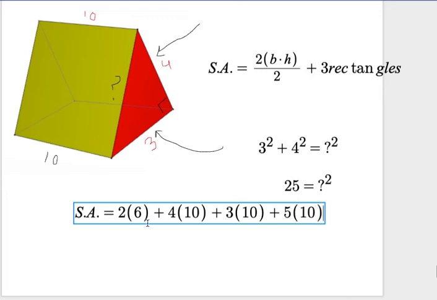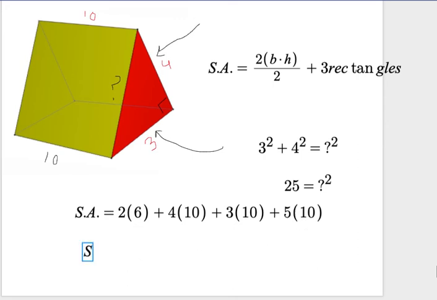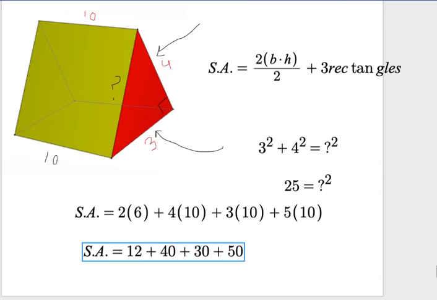So again, this is my 2 triangles. This is one of those rectangles, this is the other, this is the third. Last thing I'm going to do is find my surface area, which is going to be, it looks like 12 plus 40 plus 30 plus 50, and that is going to equal, let me go back and add those all up.